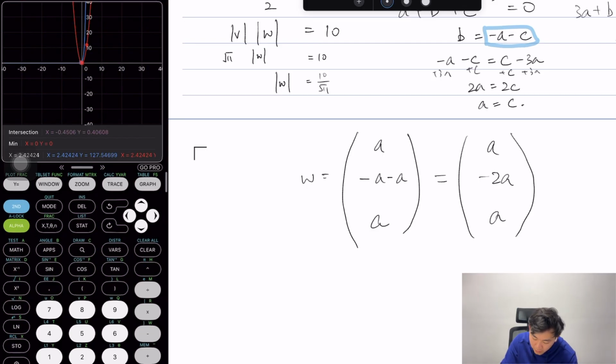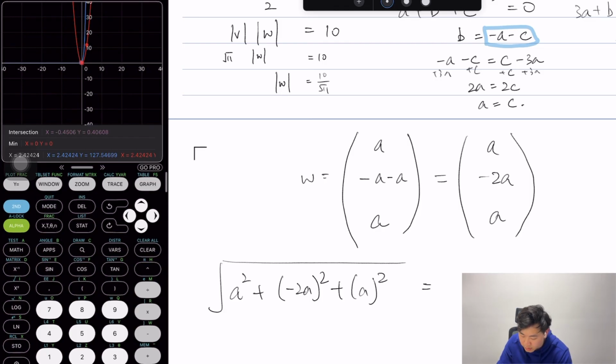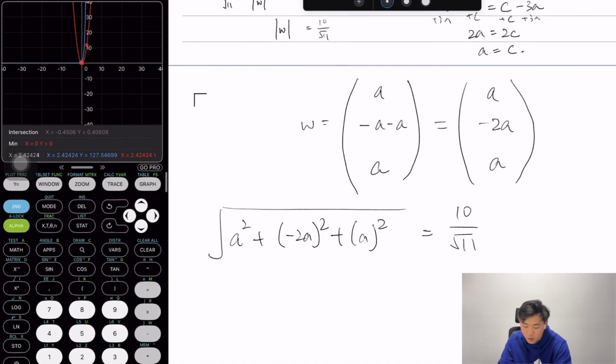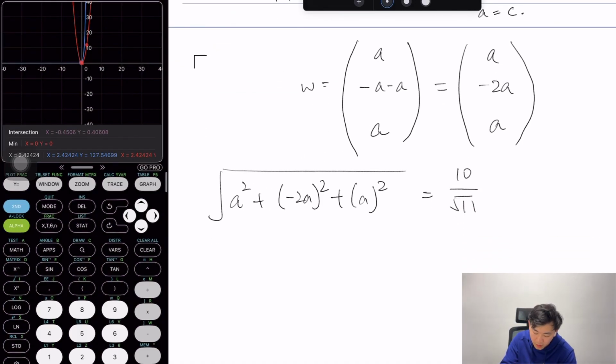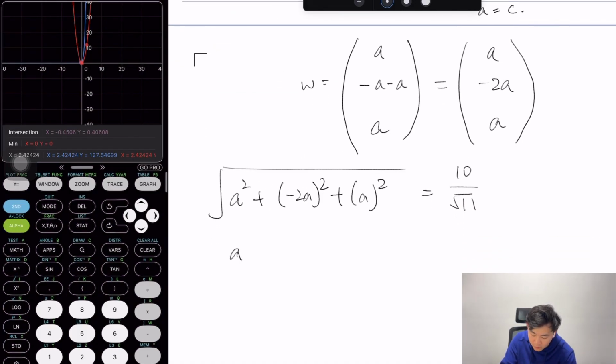So you have A squared plus (-2A) squared plus another A squared, square root the whole thing, and that's equal to the distance, which is 10 over root 11. If you square both sides, you're going to have A squared plus 4A squared plus A squared equals 100 over 11.